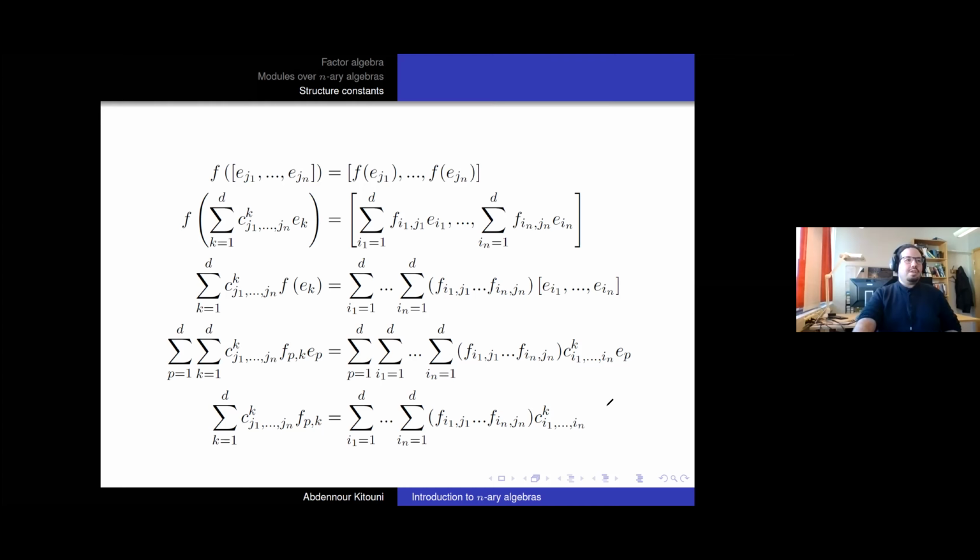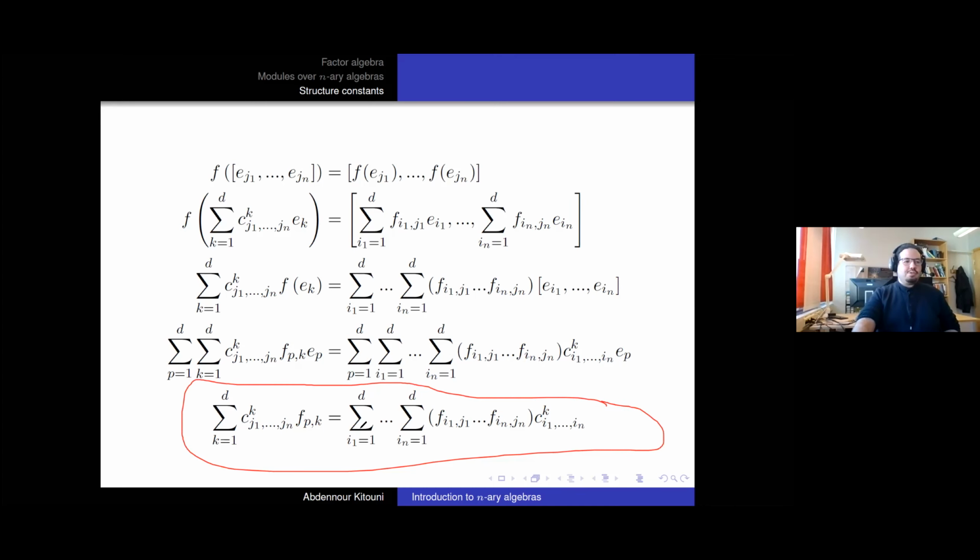And the end result is this. Notice that this one is a little bit less convenient to work with, but it's still a polynomial, since here we have n embedded sums, so as many as the n-ary of the algebra.